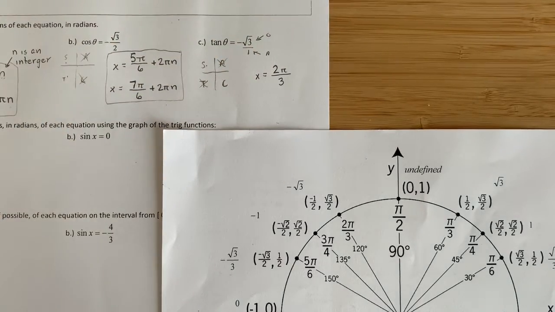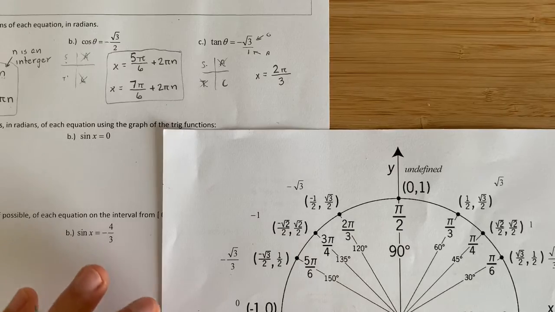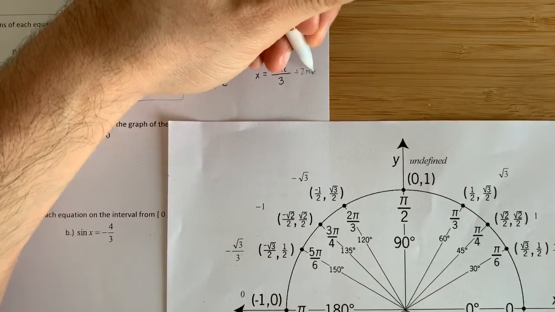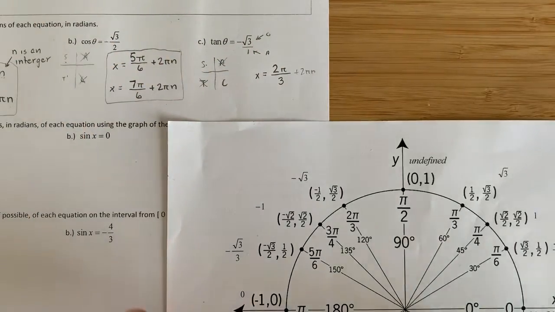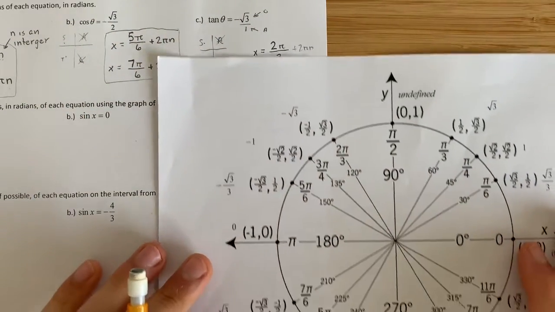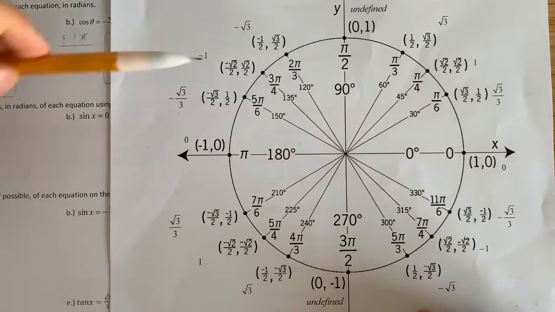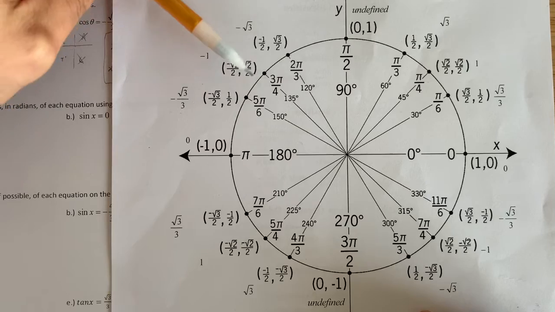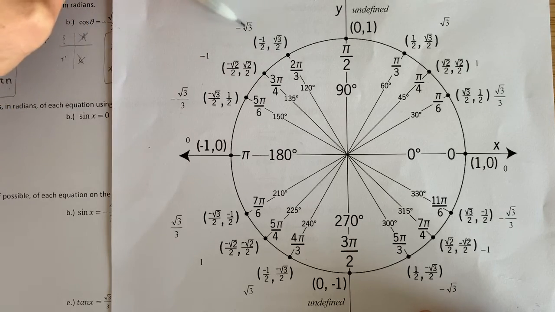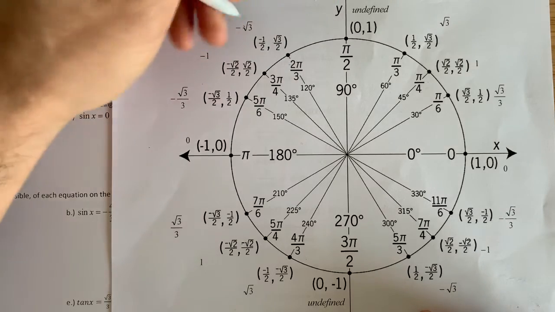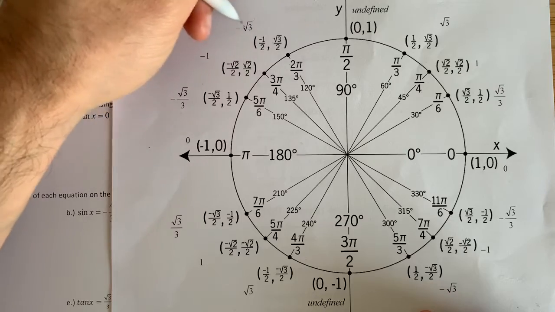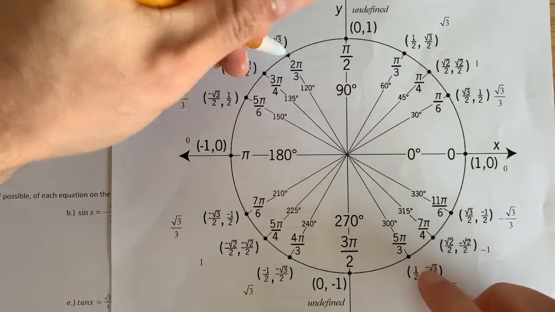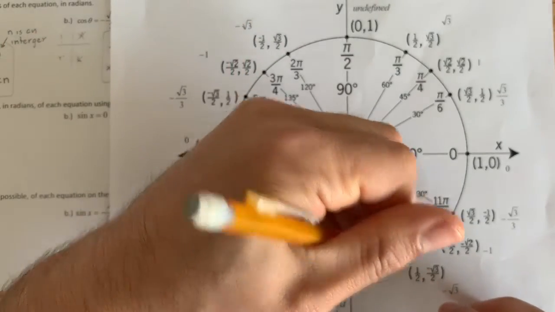Now, the interesting thing about tan is that I could put plus 2 pi n here, but with tan, if you look on the unit circle, these are all my tan values on the outside here. From the answer here, 2 pi over 3, to get to the next angle, the answer over here, would be 5 pi over 3.